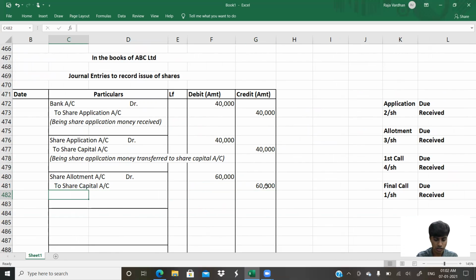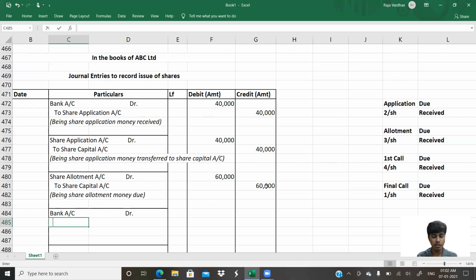Being share allotment money due. Recording a due entry. Next, there will be receipt entry. Here, Mr. Bird is also good. He paid the allotment money.